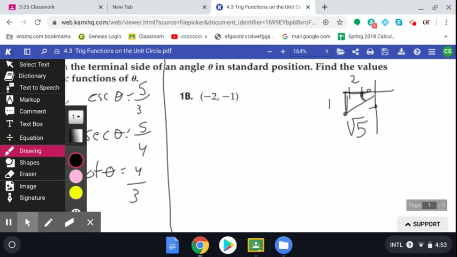All right. So now I am going to write the 6 trig functions: sine theta, cosine theta, and tangent theta. And then cosecant theta, secant theta, and cotangent theta.